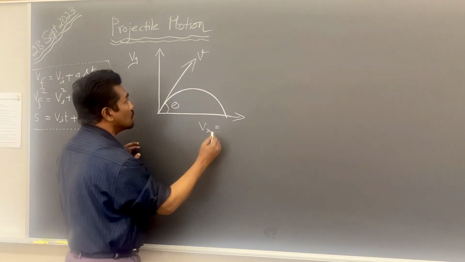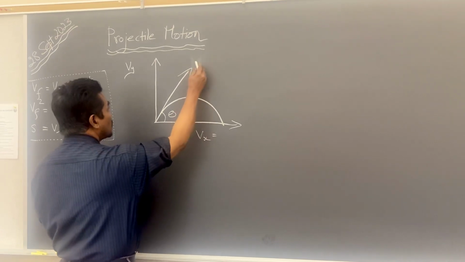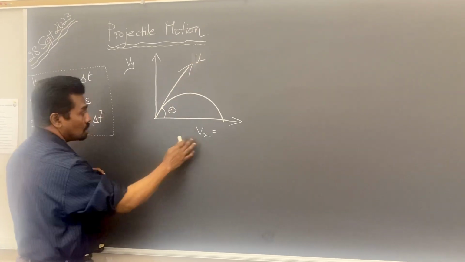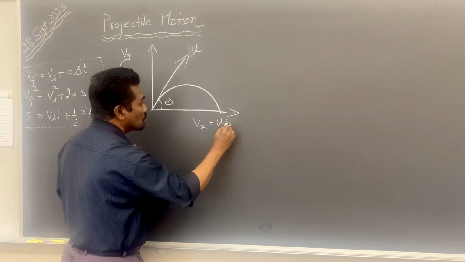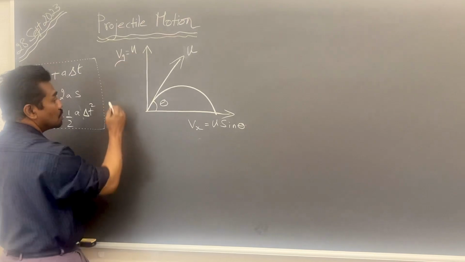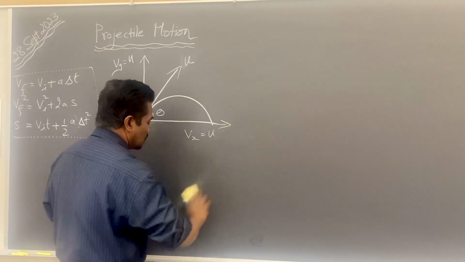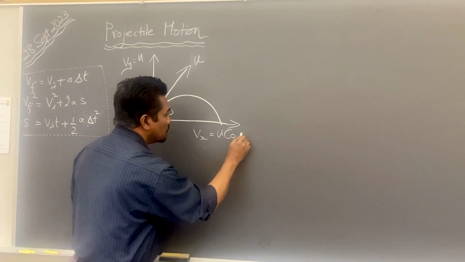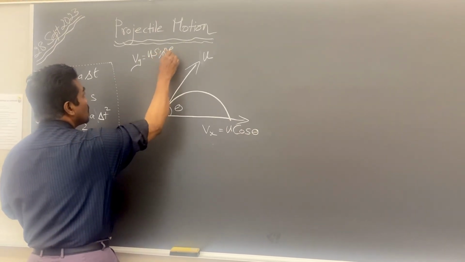Otherwise we can say it is with a velocity u. Sorry, I made a mistake: the horizontal component will be u cos theta, and the vertical velocity will be u sin theta.